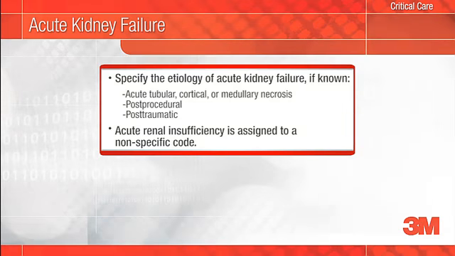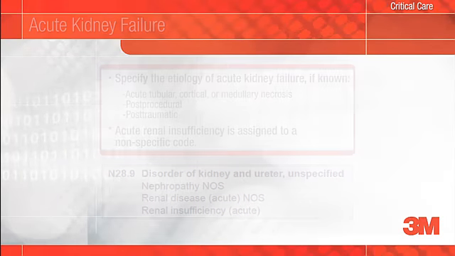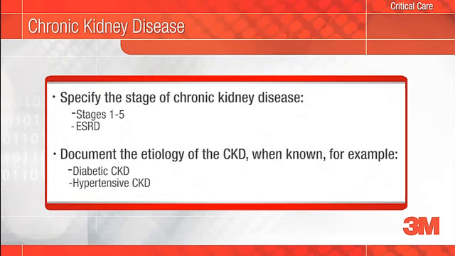You should avoid using the term acute renal insufficiency when you mean acute renal failure, as insufficiency is assigned to a generic or non-specific code in ICD-10, which will not do justice in explaining your patient's severity of illness and risk of mortality.